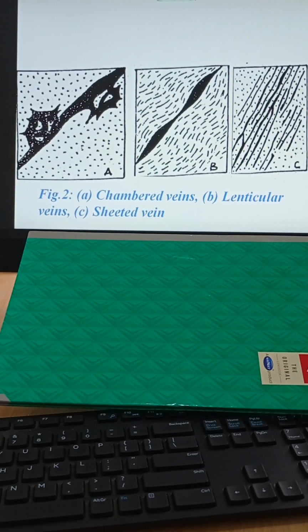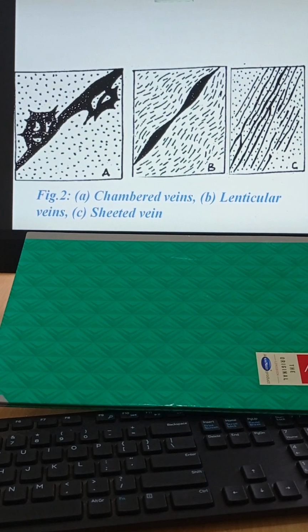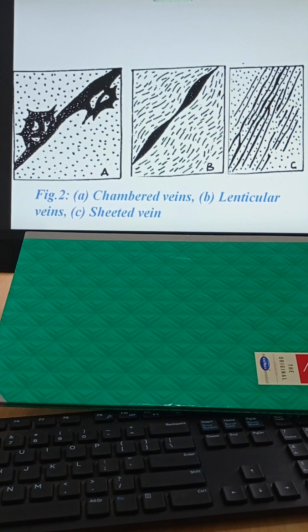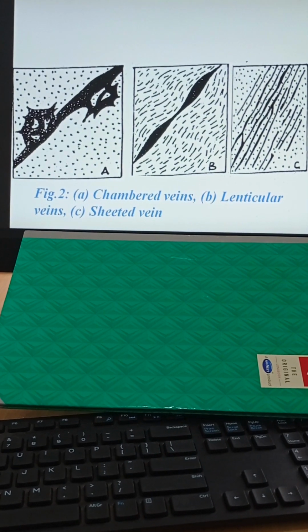In this figure, figure A is chambered veins, second is a lenticular vein, and third is a sheet vein.